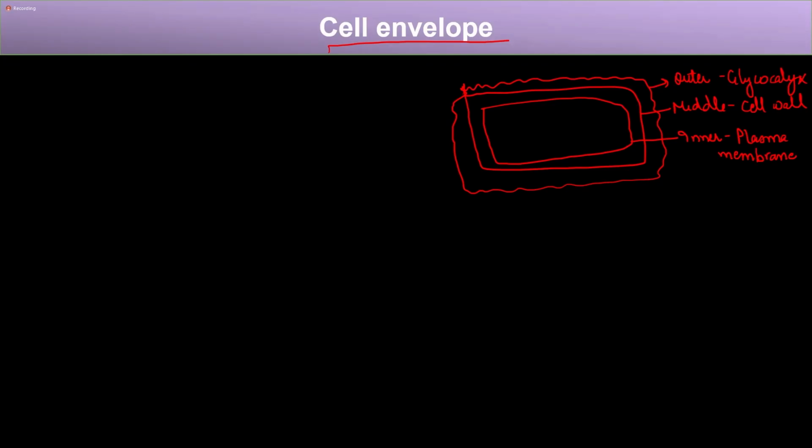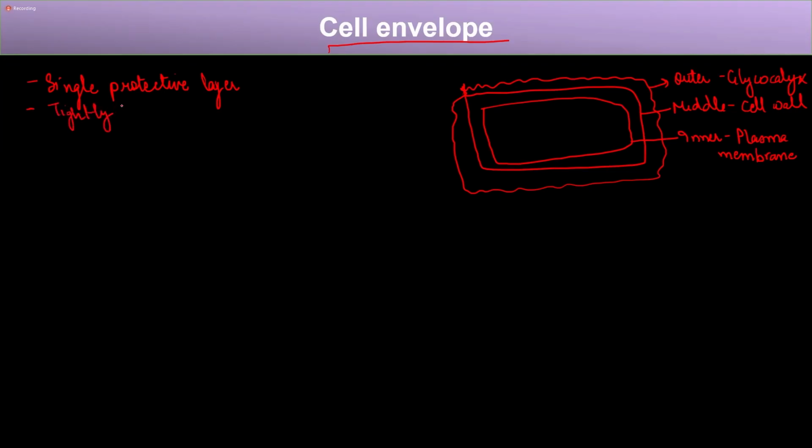Now, what is the role or characteristic feature of this cell envelope? Although it has three layers, these three layers together form a single protective layer. Secondly, these three components are tightly bound to each other.